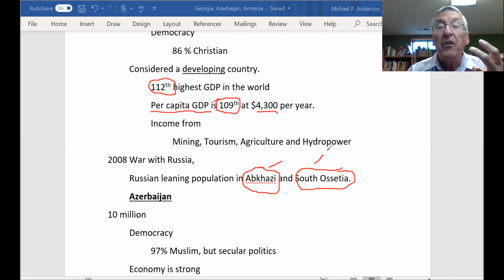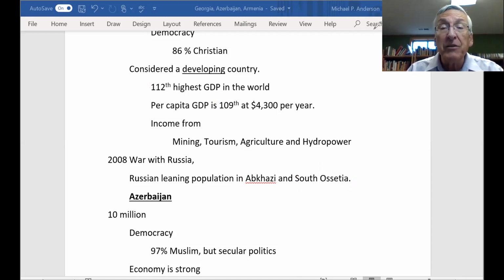They become their own little countries, except they're really part of Russia. Okay, so that's what went on with that in Georgia. The Georgians obviously do not like Russia. There is now lots of unhappiness there.